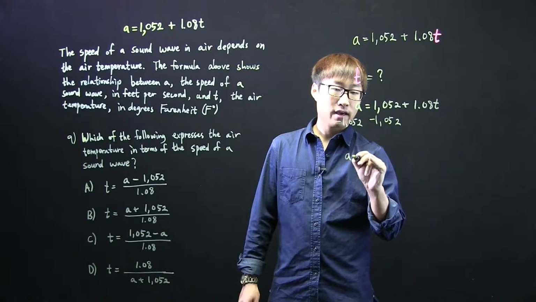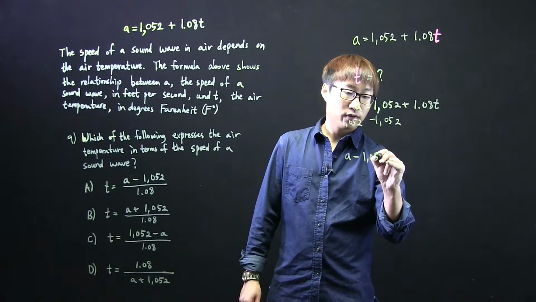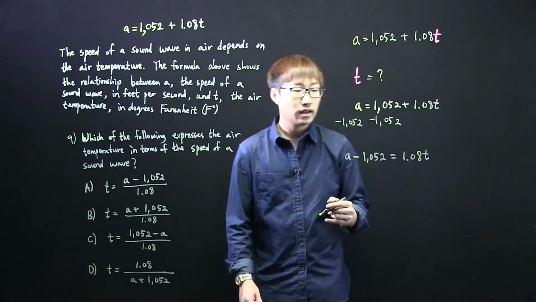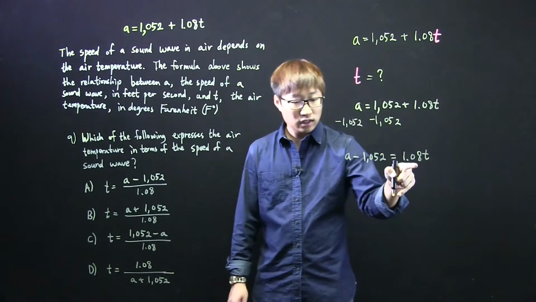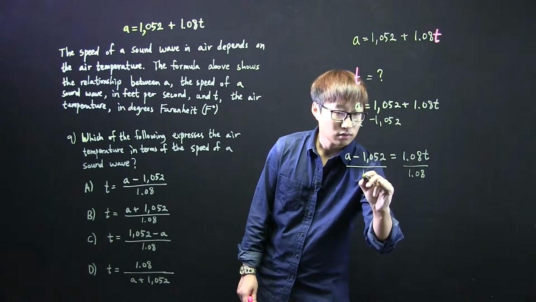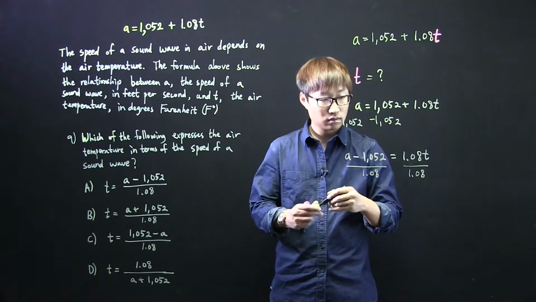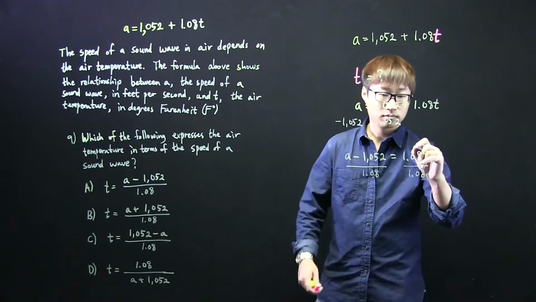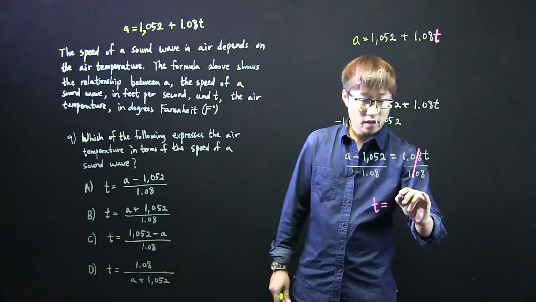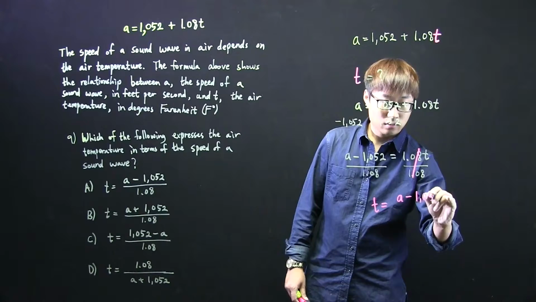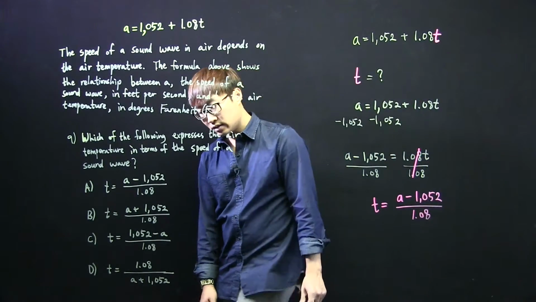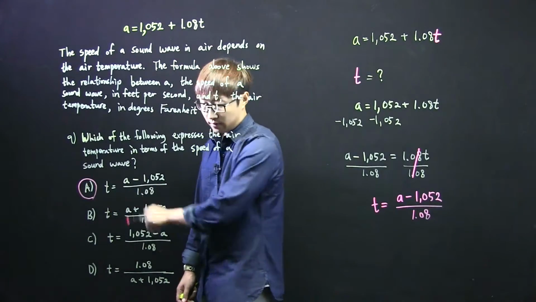Then I get A minus 1052 is equal to 1.08 T. And then, in order to leave the T alone, I would divide by 1.08 on both sides. So now, that'll cancel, and I'll have T is equal to A minus 1052 all over 1.08, which is my answer choice A.